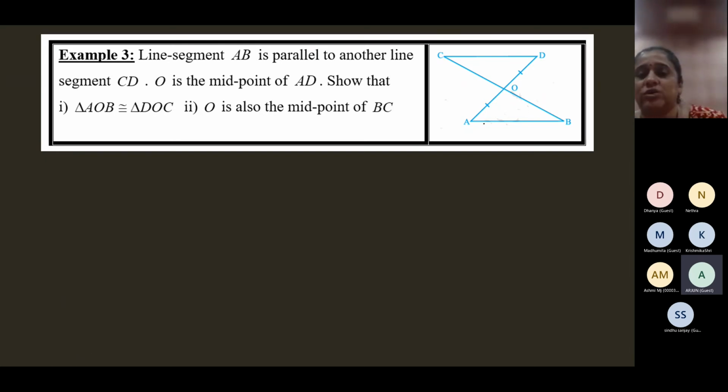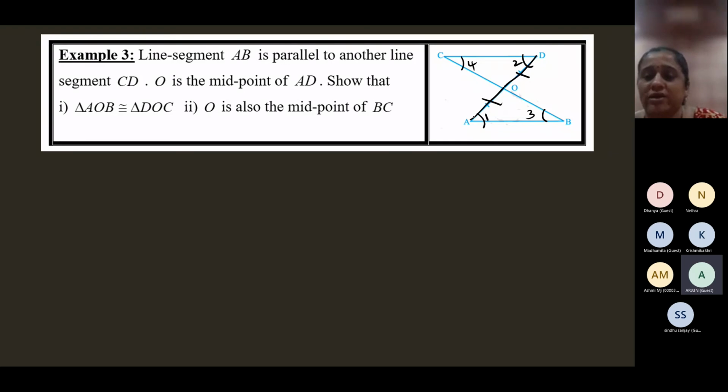So children, now you can also mention this angle. See, angle 1 is equal to angle 2, alternate angles. Angle 3 is equal to angle 4, again alternate angles. And then OA is equal to OD. These are two different angles.